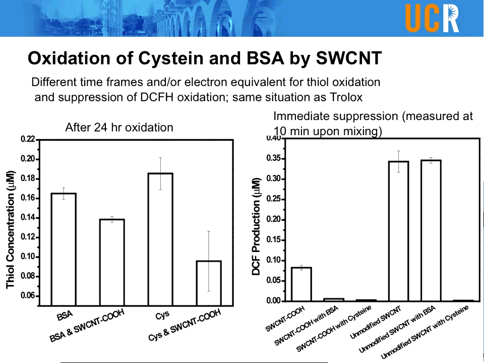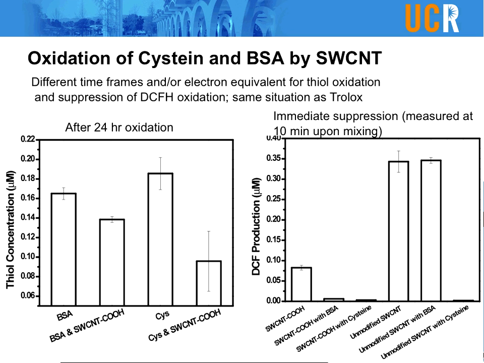So the suppression is not entirely from competition of oxygen in the solution, because the suppression will happen within 5 minutes or 10 minutes upon mixing, depending on when we check the solution. However, this type of thiol reduction can only be detected after 24 hours oxidation. And if you calculate the total amount of thiol group being oxidized, actually this amount is much smaller than the overall amount of the DCF that can be generated.